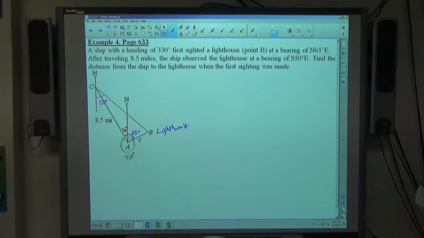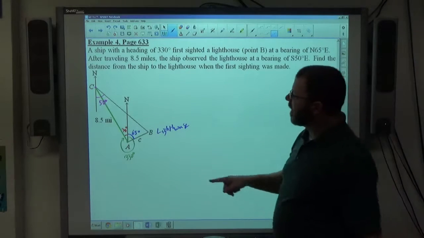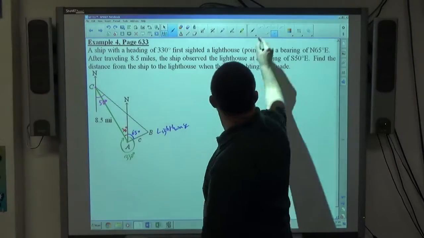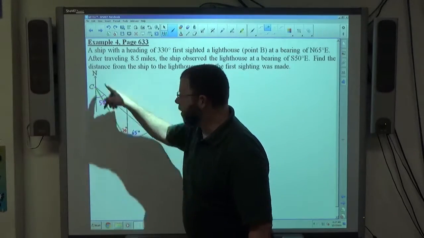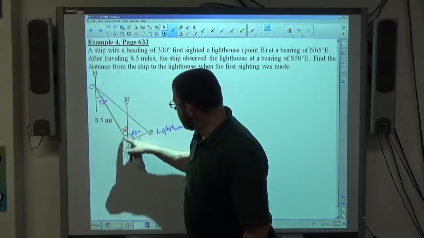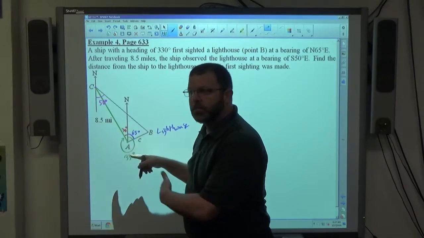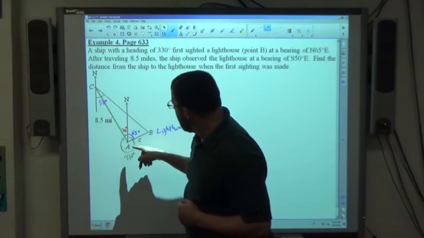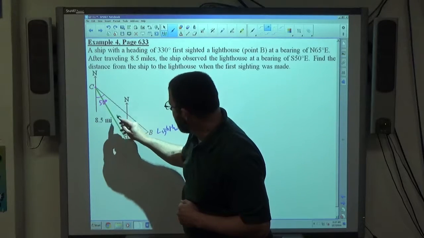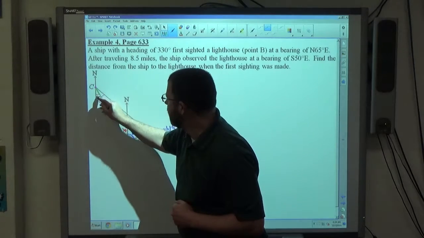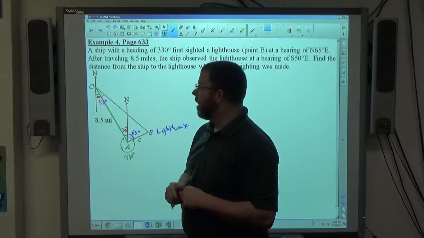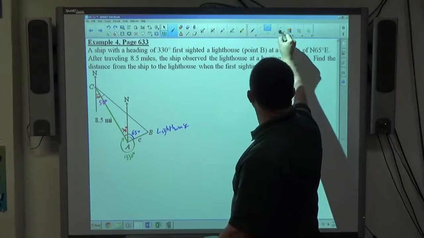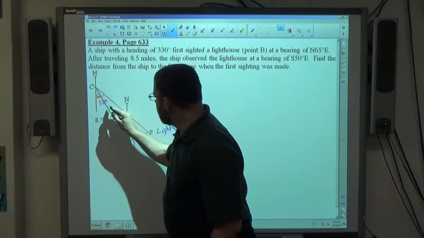All right. What we're missing is how big this angle up here in the corner is. And hopefully we can see that these norths are parallel to each other. This ship's path AC is a transversal to those parallel lines. So therefore this 30-degree angle should match this 30-degree angle here. And if that 30-degree angle is there, obviously the angle inside the triangle is going to be 20 degrees.